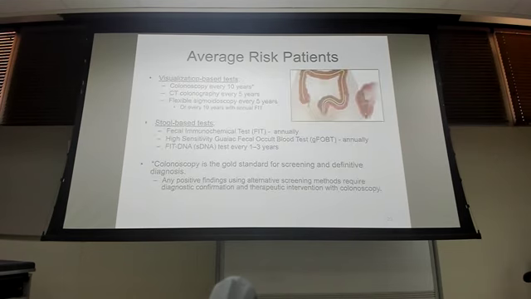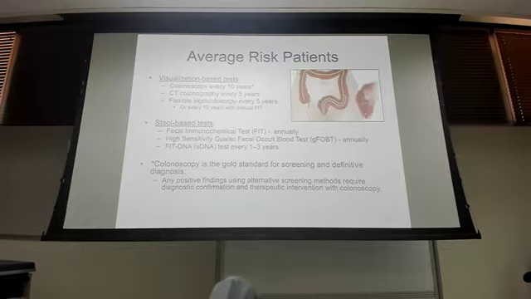Gold standard, colonoscopy every 10 years. There are a lot of other tests that can be done, but what you need to know is start at 45, and the gold standard is a colonoscopy every 10 years. There are options, right? CT colonography, flex sig, the fecal immunochemical testing, which is a stool-based test. So there are some different timelines.